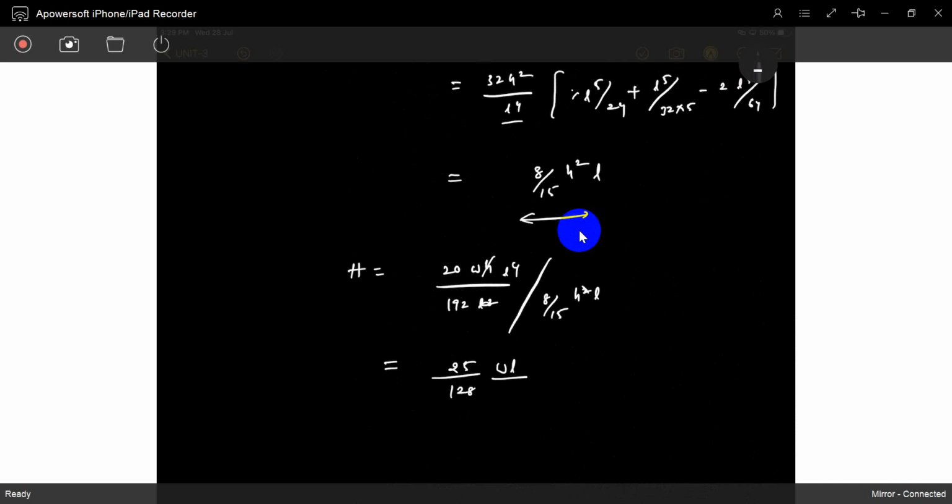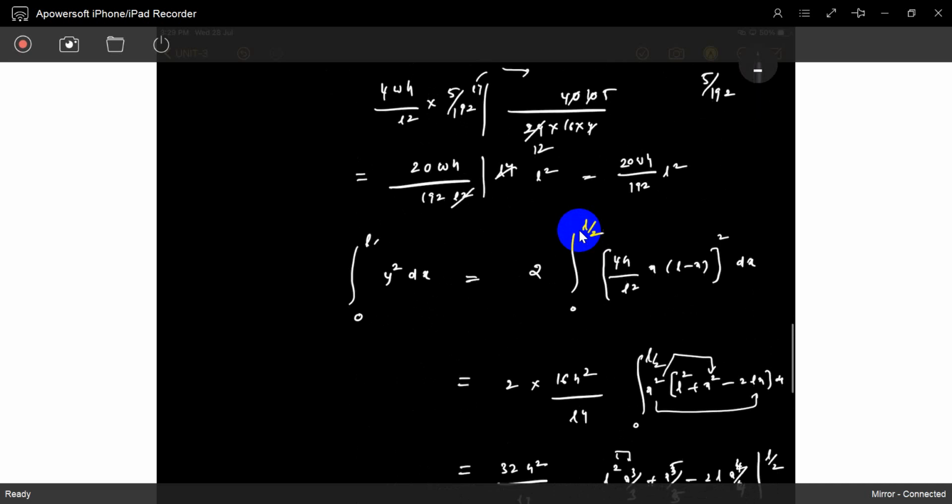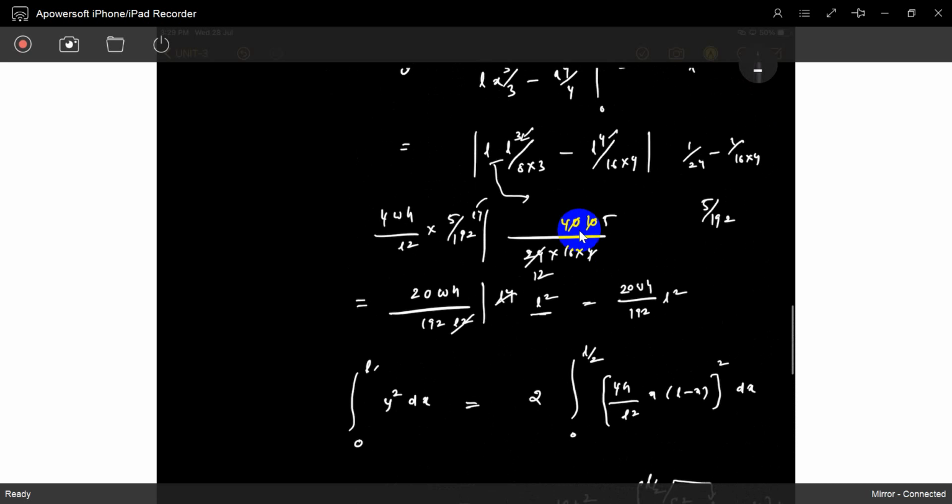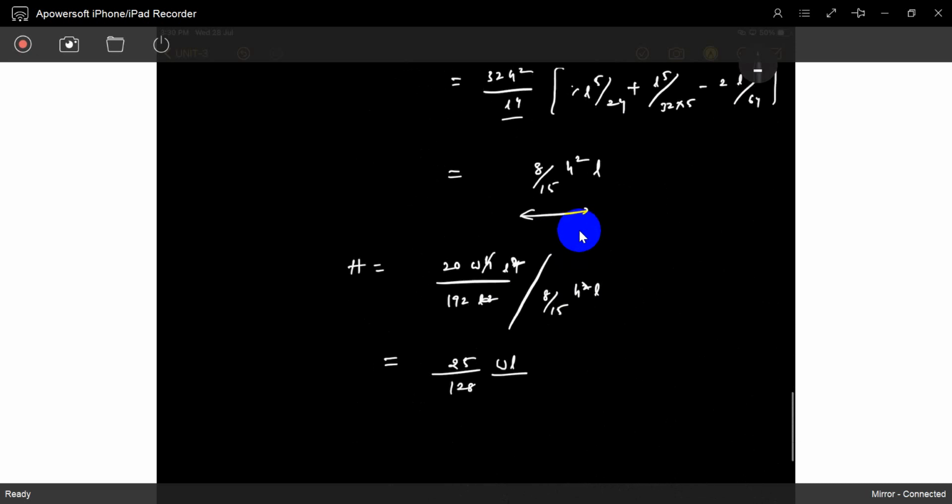No, L square. L square and L power 4 cancel, and L square will remain. L square is remaining, so it comes as 128 WL for L by D H. That is the value of H. Okay, that's simple.